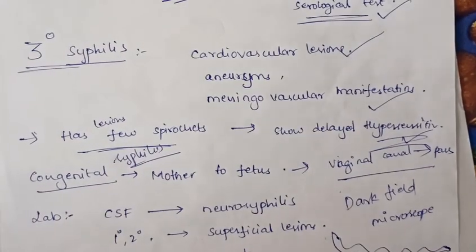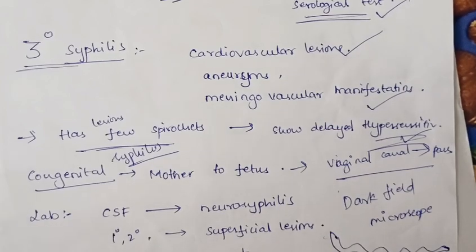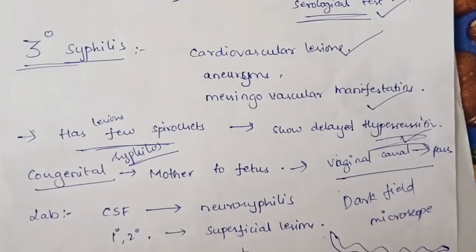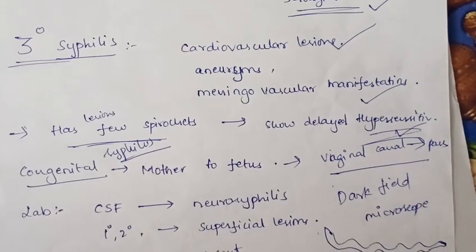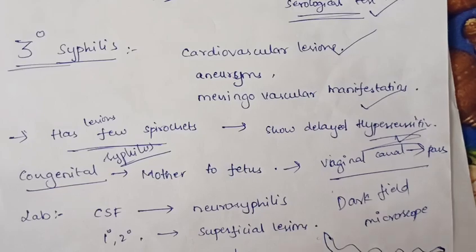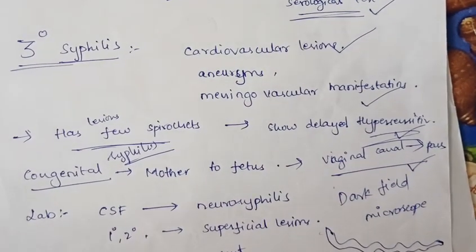Not only Treponema pallidum, but any sexually transmitted disease the mother is suffering from can be passed to the child by vaginal birth.